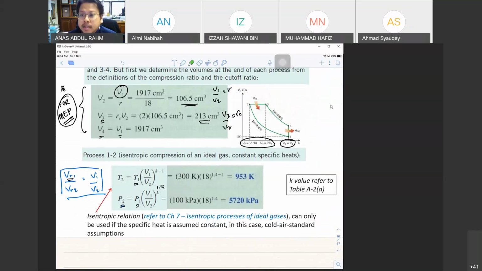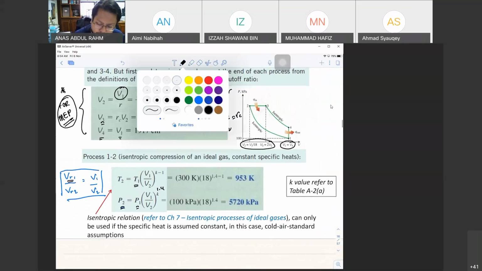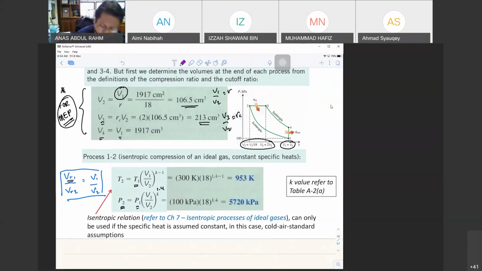Okay, so let's go back to our question. This particular problem does not ask you to consider exact analysis or approximate analysis. So which method to be used? Actually you can use both methods. So I can write it down. Remember, this is exact analysis, the first option.